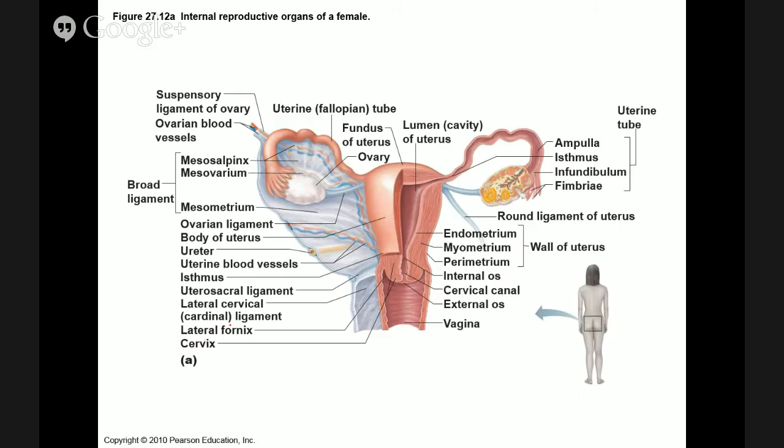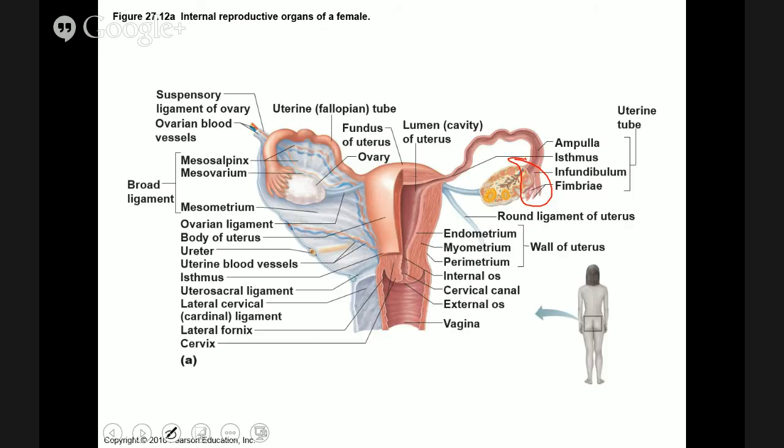Second term is the term ovary. So what we see is that the ovary is not actually physically attached to the next part of the female reproductive tract, which is the uterine tube.